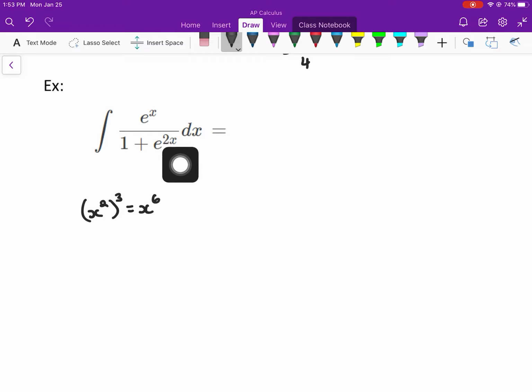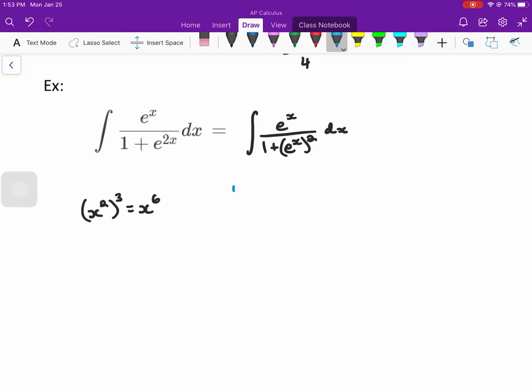So I'm going to do the same thing here at this e to the 2x. I'm going to make it e to the x squared. Why would I do that? I want it to fit that form that I'll show you right now.